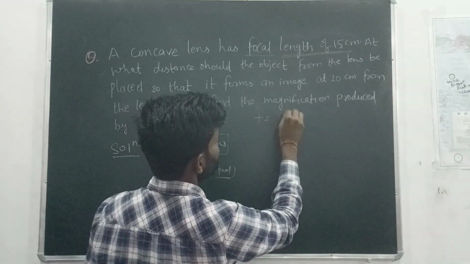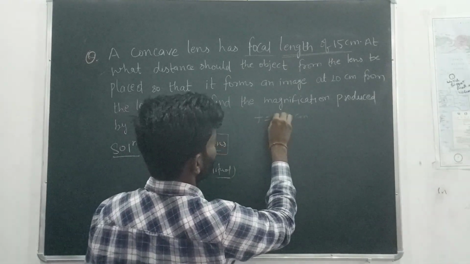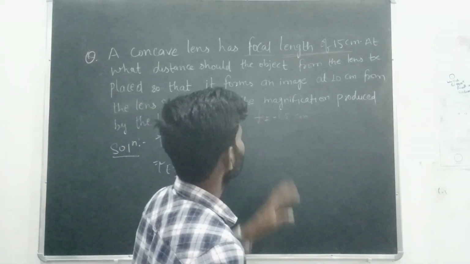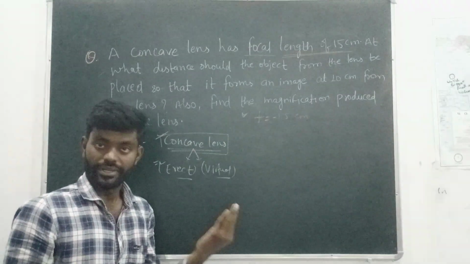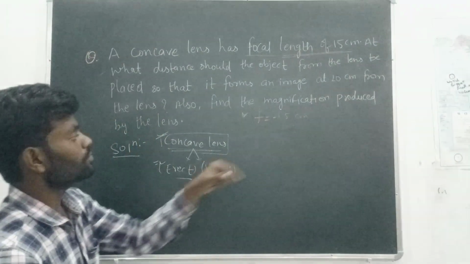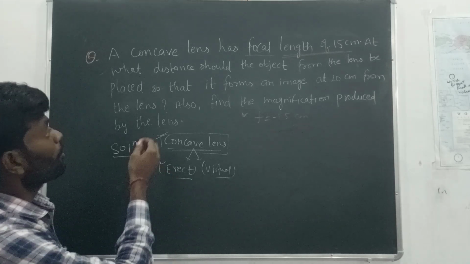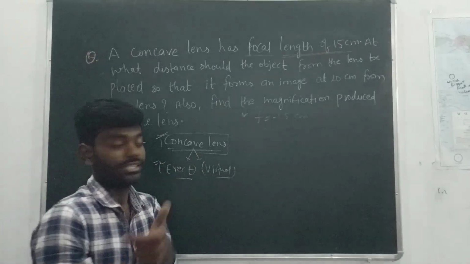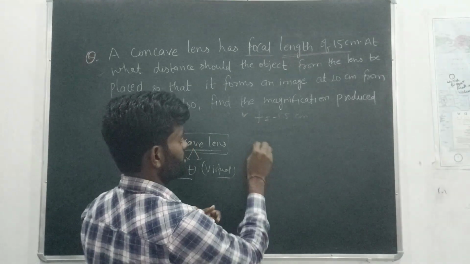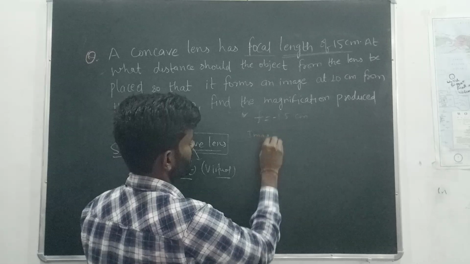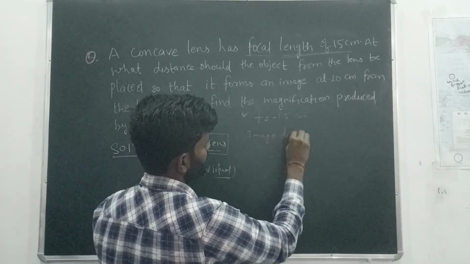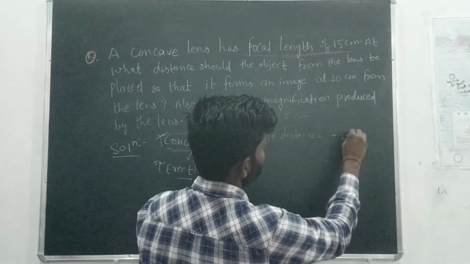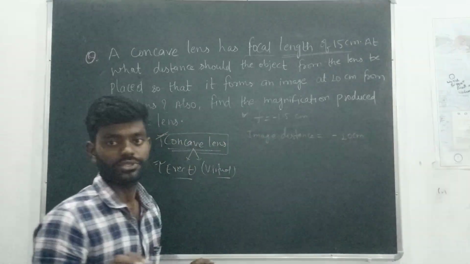So f is 15 centimeter, and it will be minus because it always lies on the same side as the object. Second, the image distance is given, equal to minus 10 centimeter.